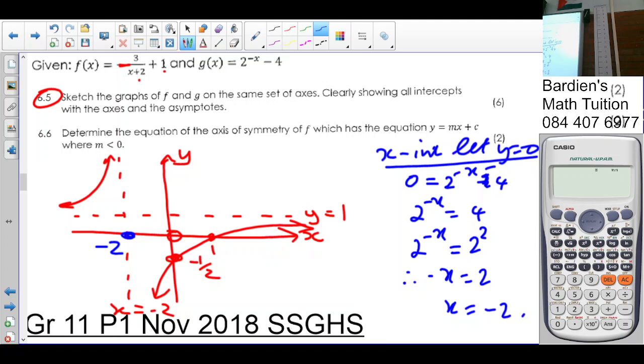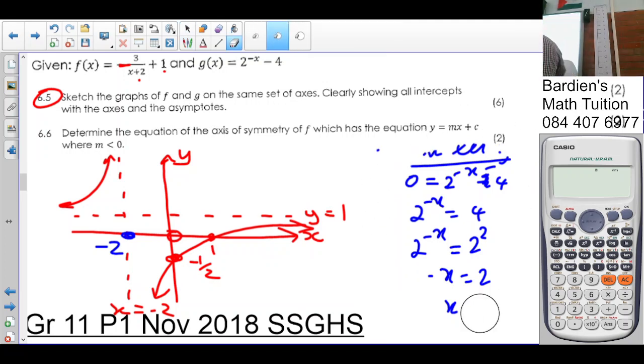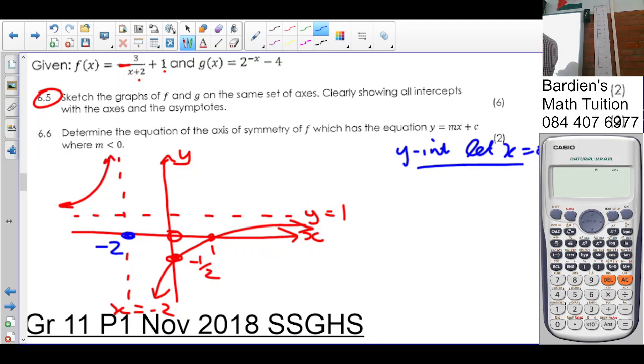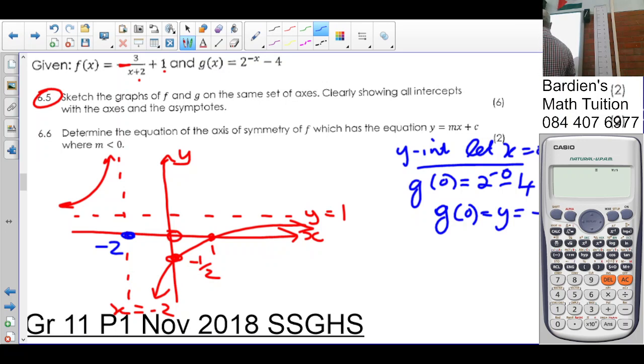Then we work out the y-intercept. How do you calculate your y-intercept? Let x equal 0. So g of 0 is equal to 2 to the negative 0 minus 4. So g of 0, or y, is equal to negative 3. Okay, so what else do we know?